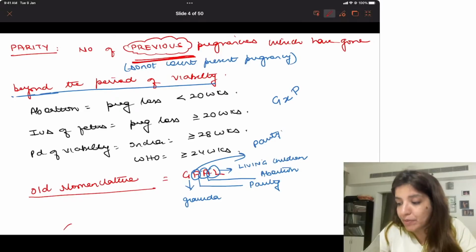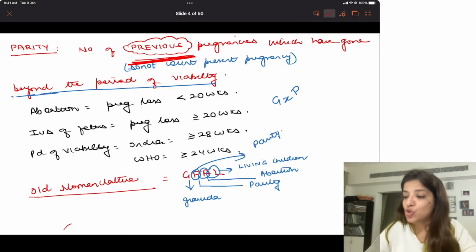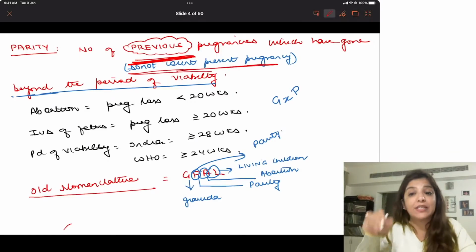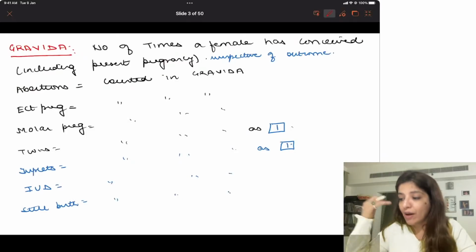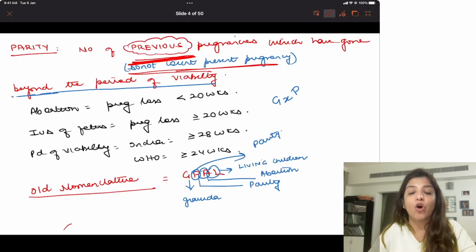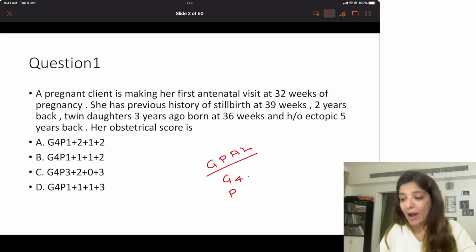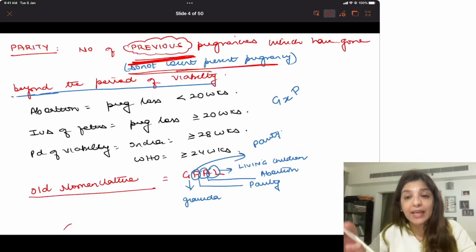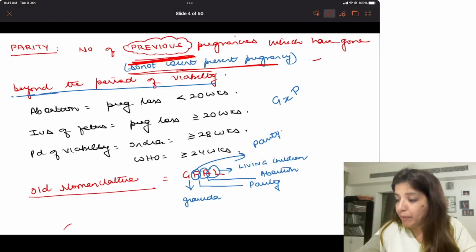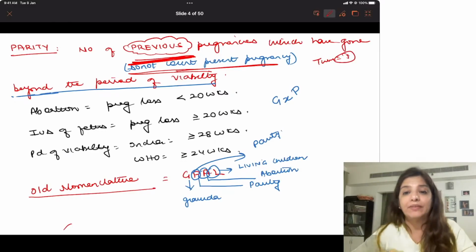You never count present pregnancy in parity. So, the number of previous pregnancies which have gone beyond the period of viability. Second thing you have to remember in parity is, twin pregnancy will be counted as one. It is a single conception, right?